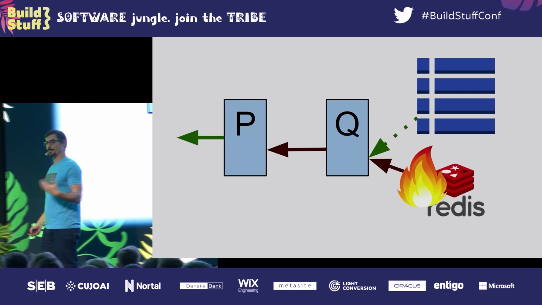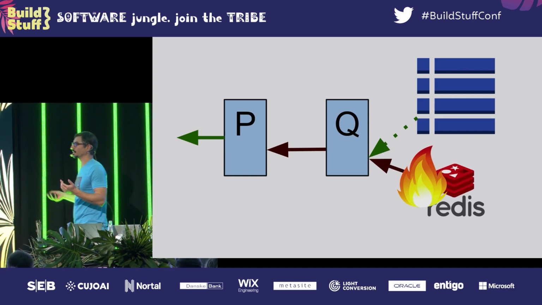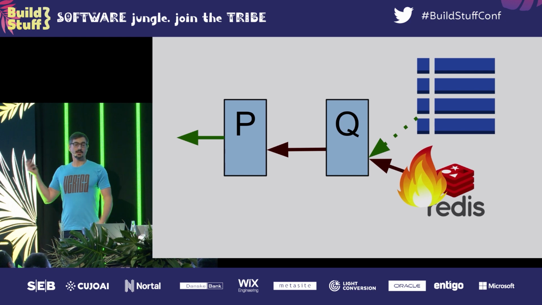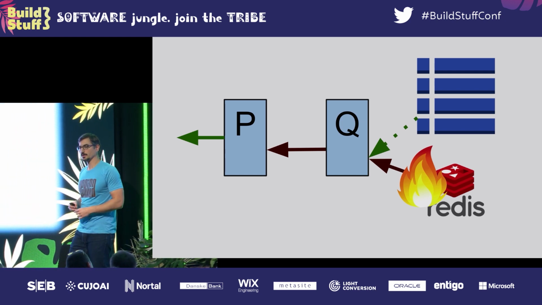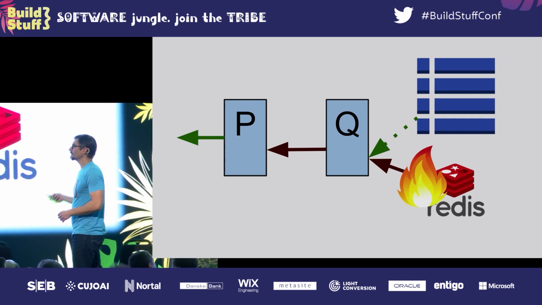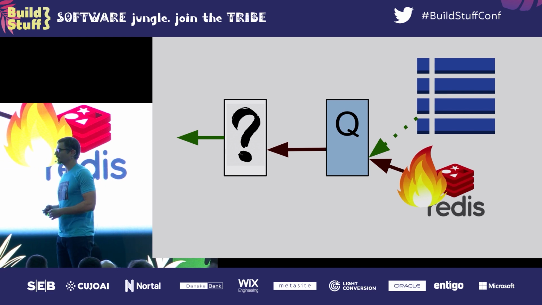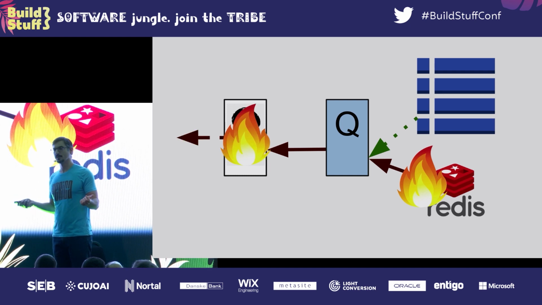So now Q has that fallback, and it says, okay, if I can't talk to either data store, then I'll return a default response. And in this version of Cassandra, when it can't get a quorum, it returns a 404. So Q returns a 404 to P, except P never deletes people. So it gets the 404 and says, WTF. And takes the whole service down.